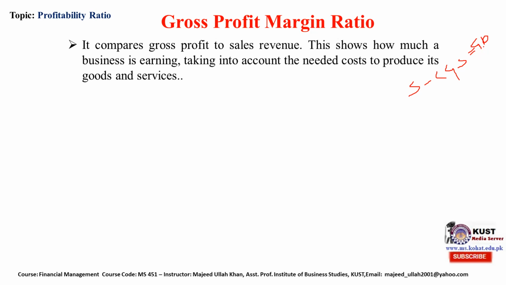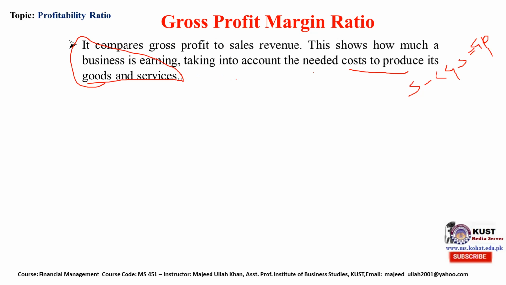This ratio compares gross profit to the sales revenue. It shows how much the business is earning, taking into account the needed cost to produce its goods and services.